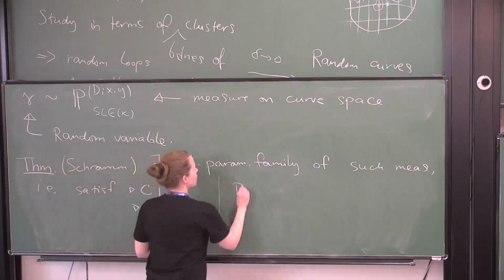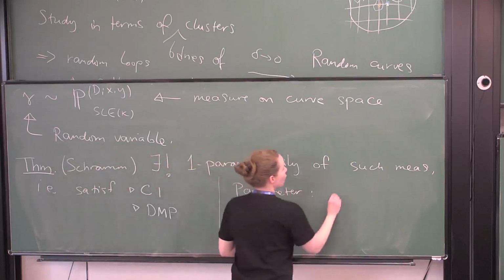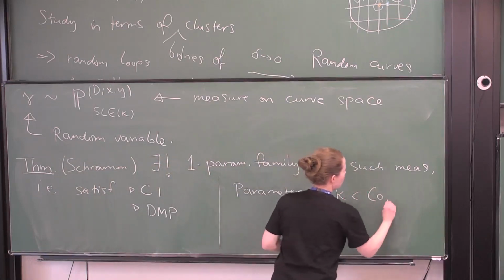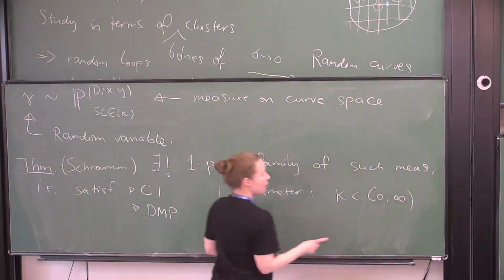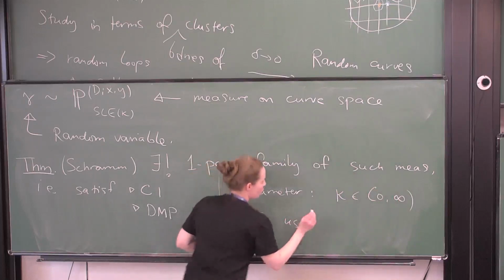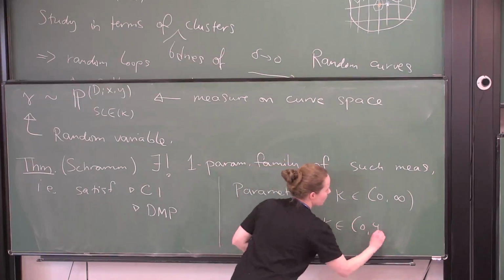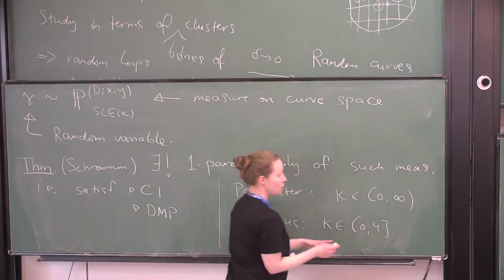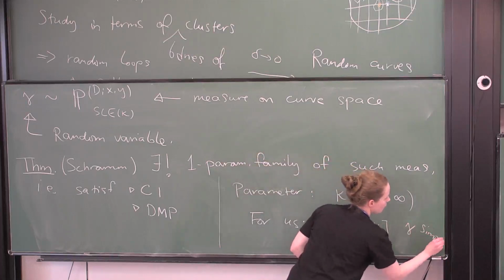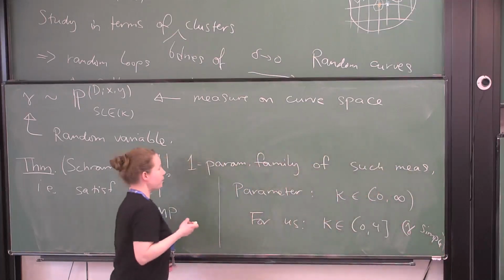And the parameter is conventionally denoted by kappa. You can actually take it to be any positive number, but for us, let's say it's reasonably small. In this range, this gamma is simple. Otherwise, it's going to do something else.